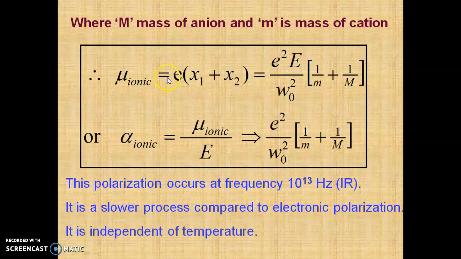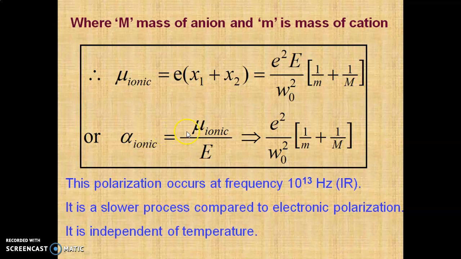So for the charge you can take E, and you know already x1 plus x2 equals E divided by omega naught square into 1 by m plus 1 by capital M. Multiplying, you have E square E divided by omega naught square into 1 by m plus 1 by capital M. So the ionic polarization is directly proportional to the external field E, and this one is the proportionality constant.